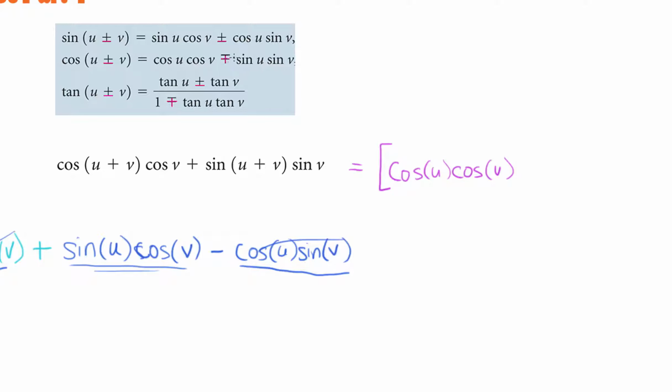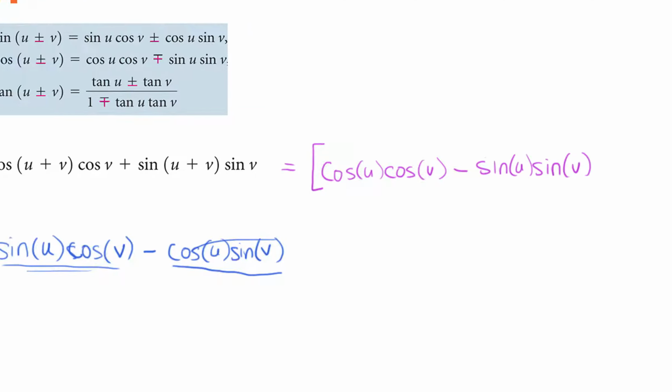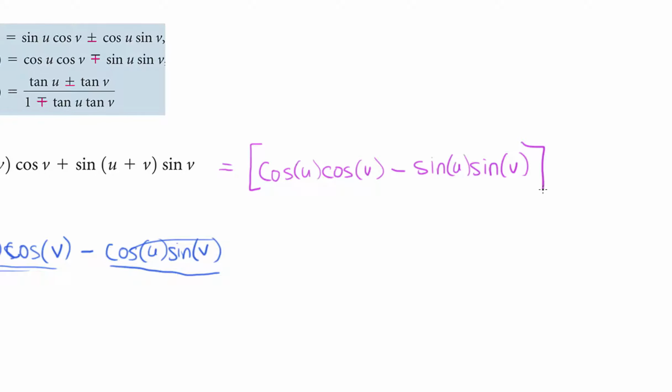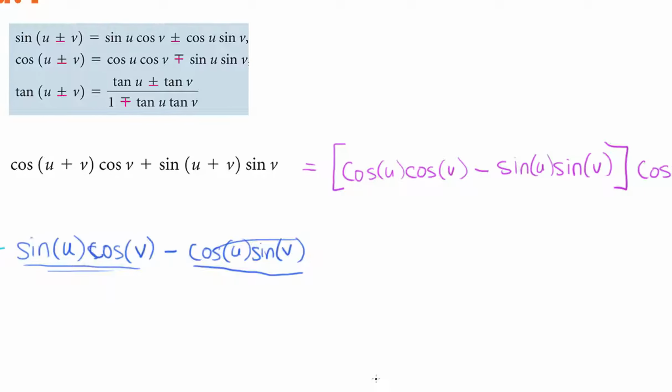Since it's plus, we have to use minus, so minus sine of u sine of v, times cosine of v. So this is the first part.